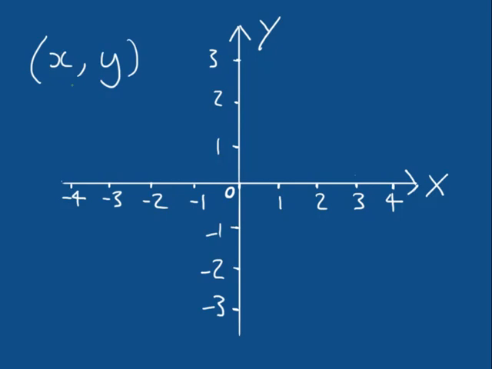The first number is going to tell us something about x. The second number is going to tell us something about y. And it really is very simple. The x number tells us how far along from the origin we travel along the x-axis. So that's what this means.